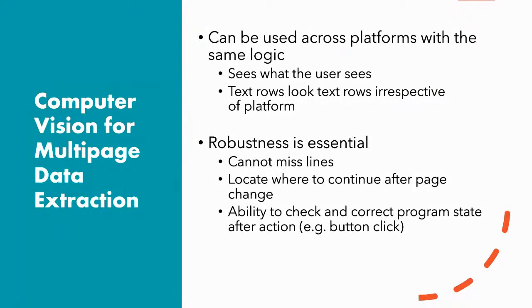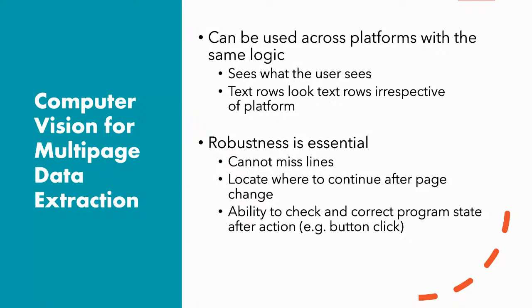And why computer vision has some benefit in this is that it works across platforms with the same logic. Because it sees what the user sees, text rows look like text rows irrespective of the platform. So it finds text rows and then it traverses those text rows and does an action in the row and then moves to the next one.